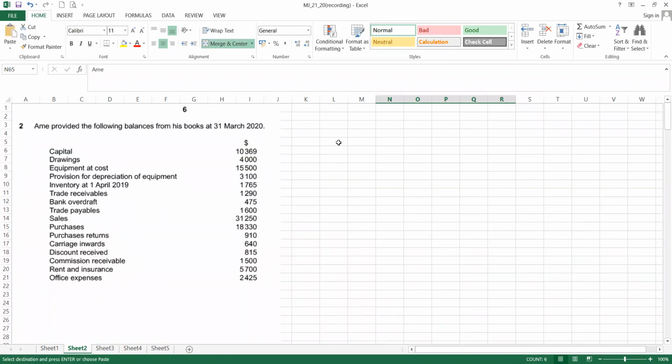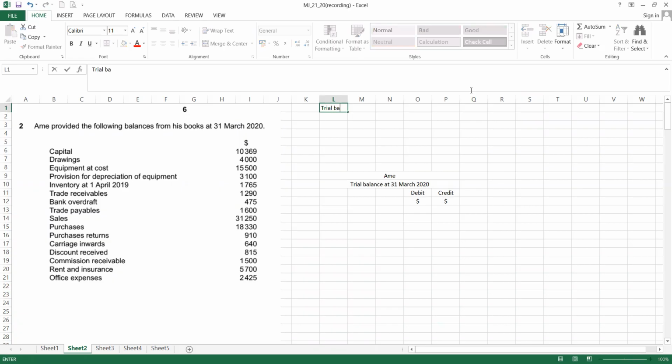So the basic rule, we go through the basic rule first before we do the exercise. Okay. So the basic rule for the trial balance. Debit, you have asset, expenses, and then drawing.